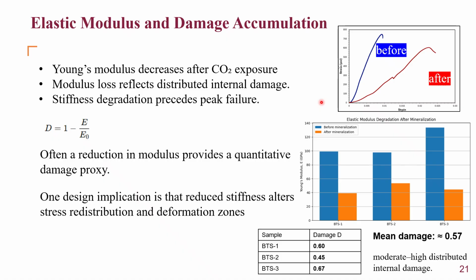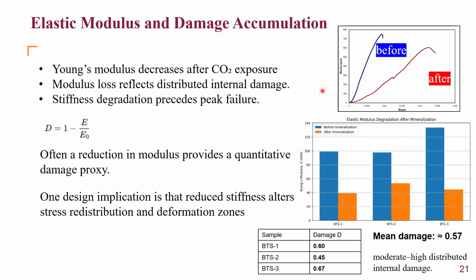Now, modulus reflects the distribution of internal damage, and this distribution can be quantified as damage accumulation, such that stiffness degradation, or the reduction in the modulus, precedes peak failure.